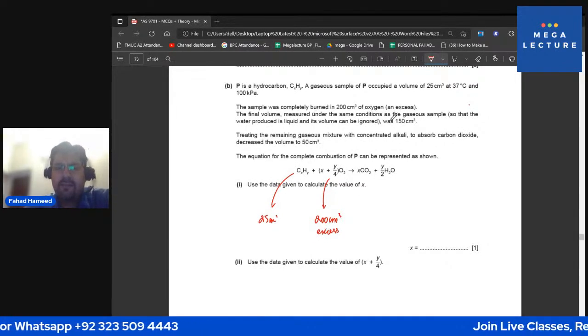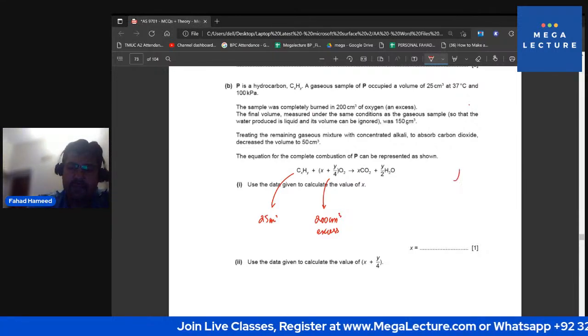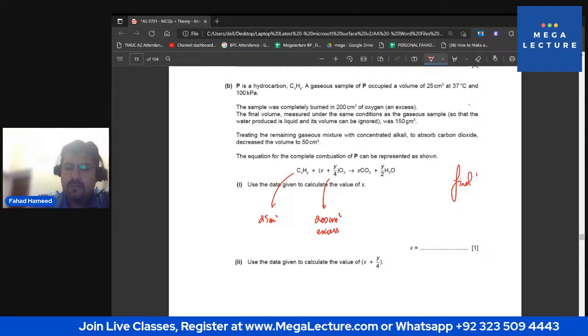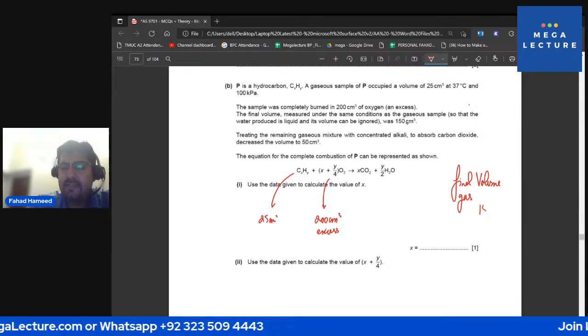And then the final volume, measured under the same conditions as the gaseous sample so that the water produced is liquid, was 150. So the final volume of gas is given as 150 cm cube.